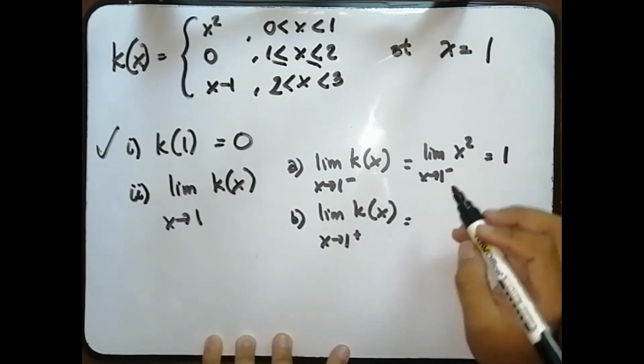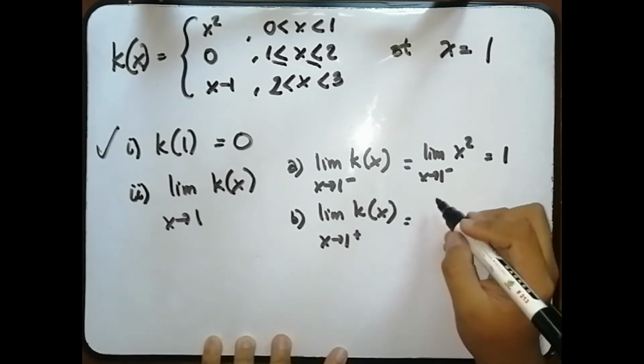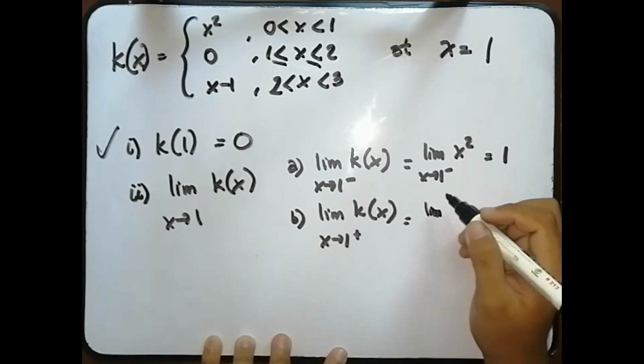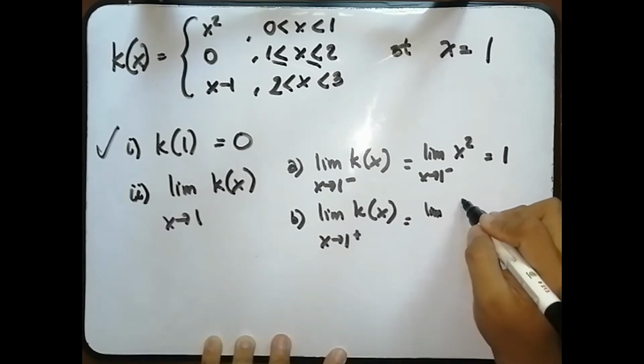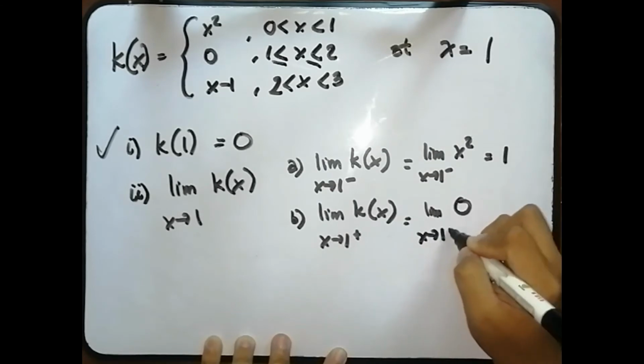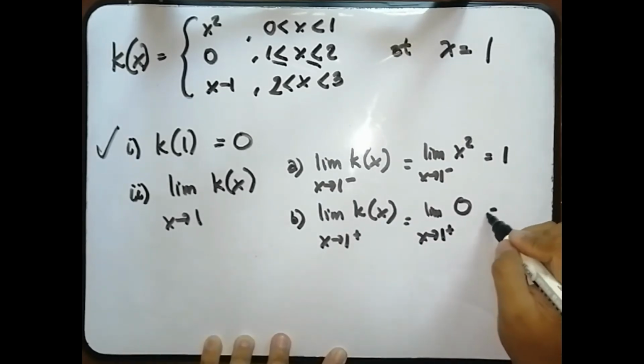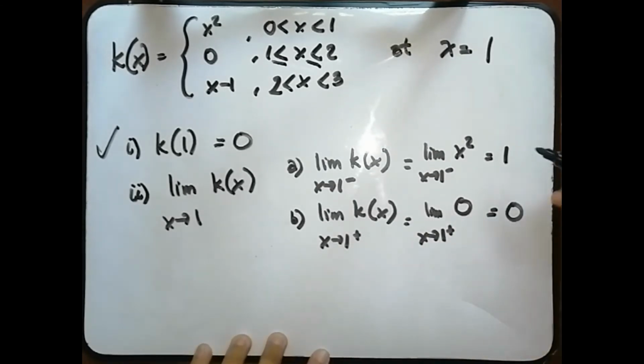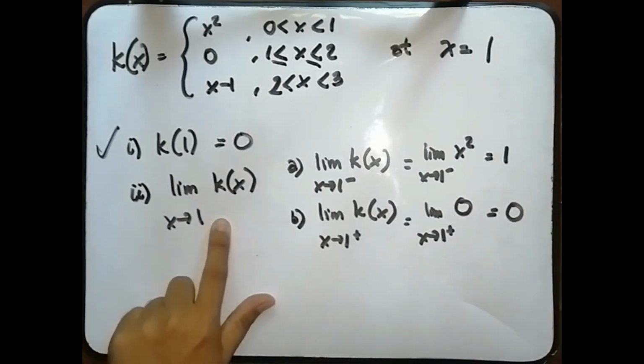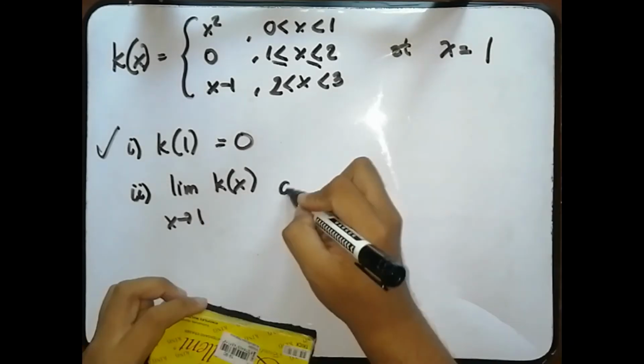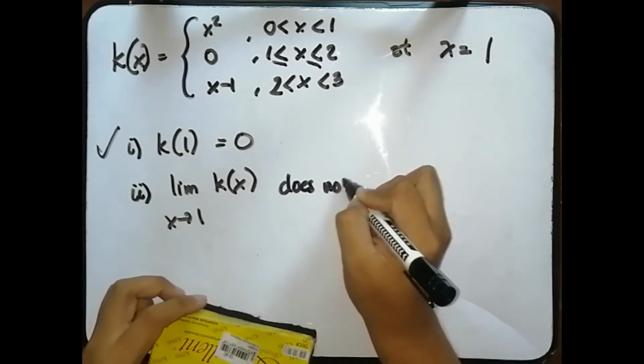And from the right naman, we have the limit of 0 as x approaches 1 from the right, which is equal to 0. And since the two one-sided limits are not equal, then the limit of k of x as x approaches 1 does not exist.